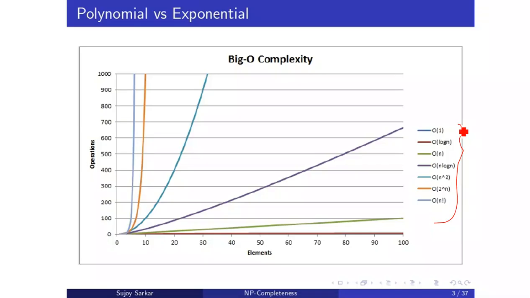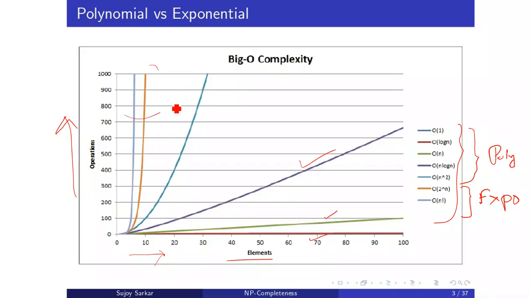Here these are polynomial, whereas these are exponential, and we can see how the number of operations changes as the input size grows. For log n, order of 1, or order of n, the number of operations does not grow that much with input size.